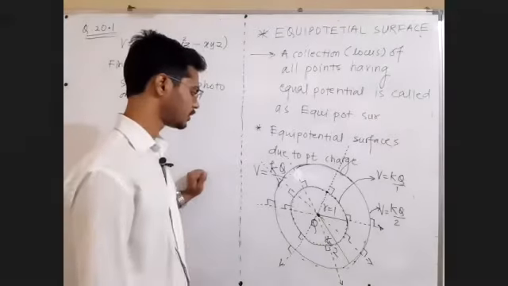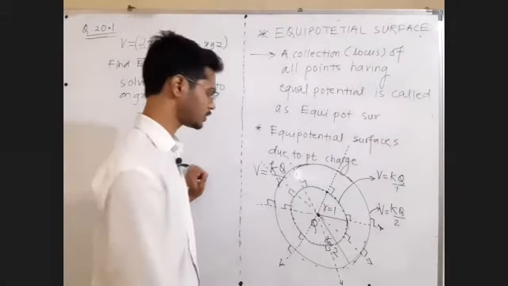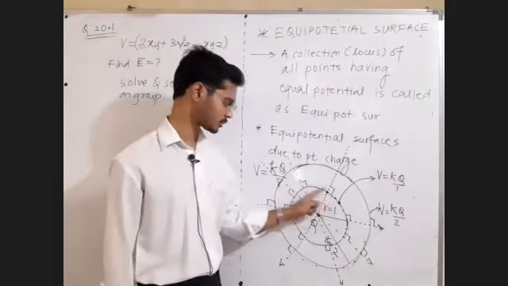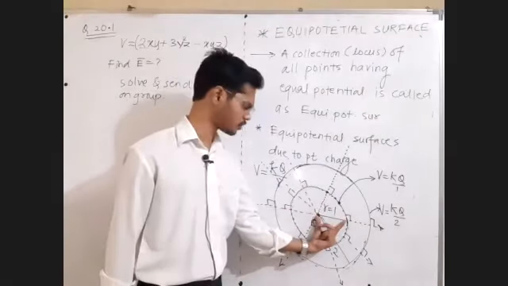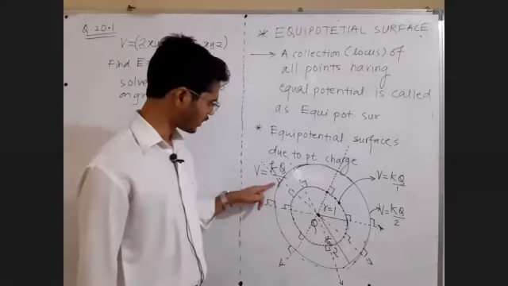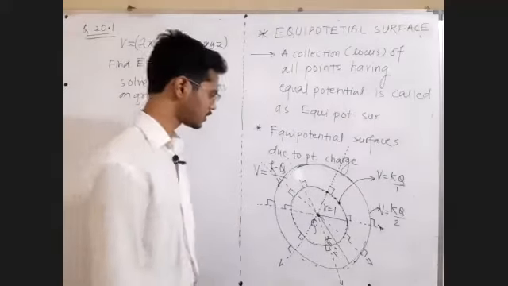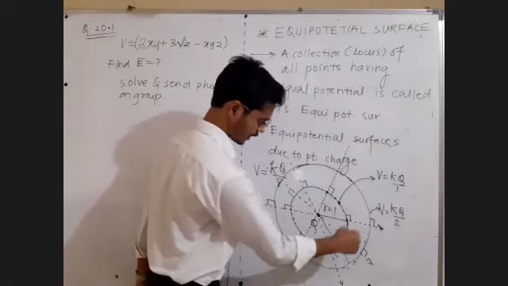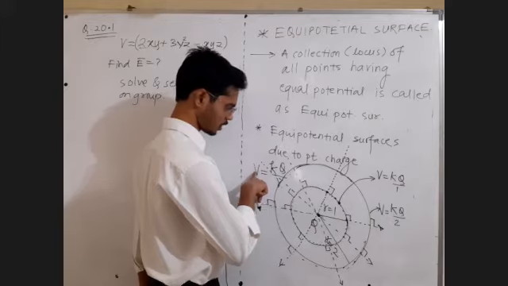We said that electric potential is higher here. Initially r was equal to 1, now r became equal to 2. If the value of r increases, this potential goes on decreasing. So here we have higher potential, and as we move away from the given charge, the value of r increases and potential goes on decreasing.